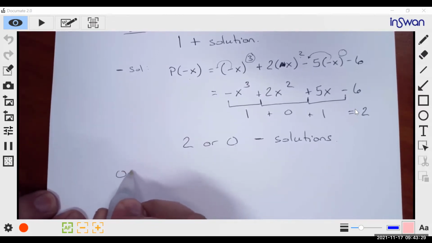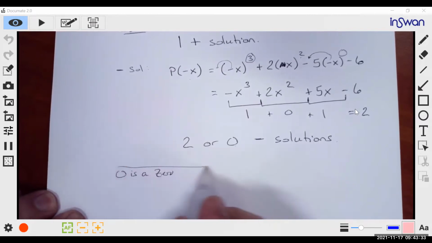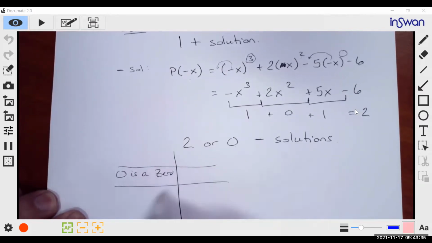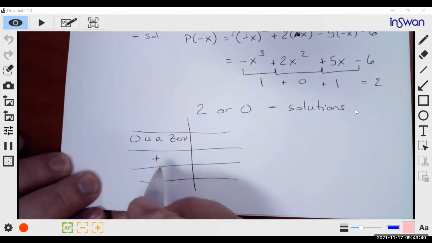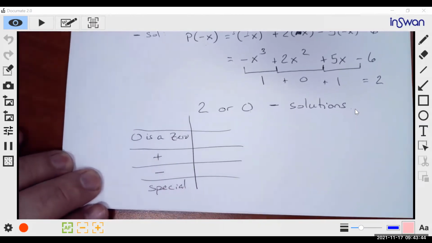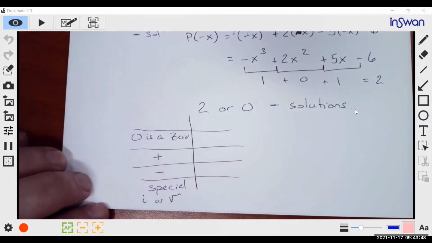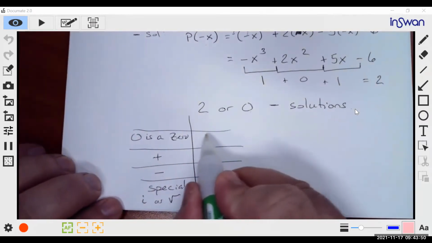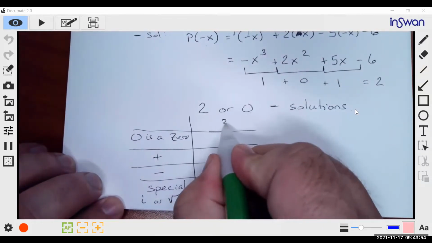So 0 is a 0. We have positive answers, negative answers, and special. By special, I mean imaginary or radicals. And we're supposed to have 3.